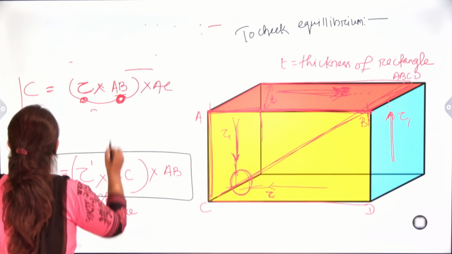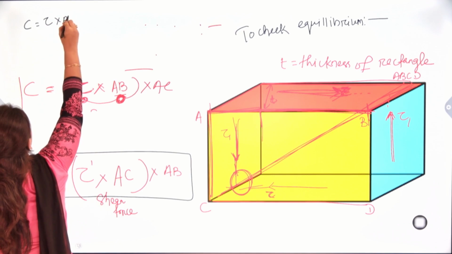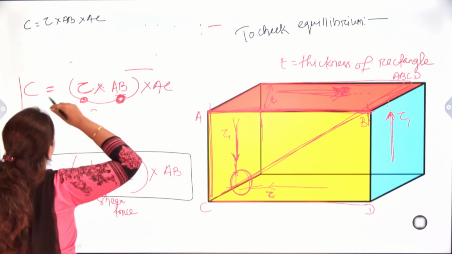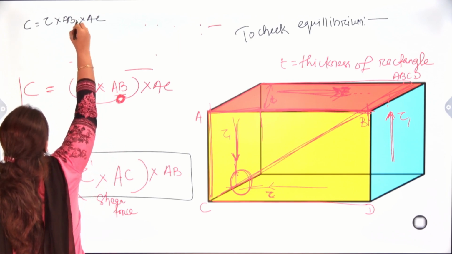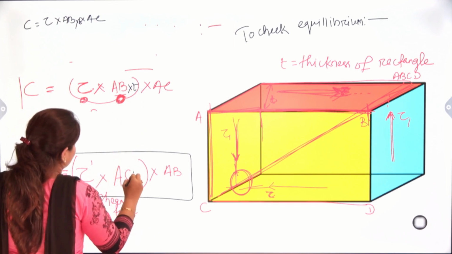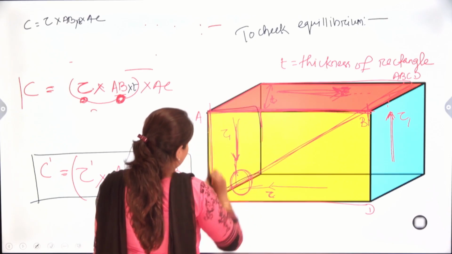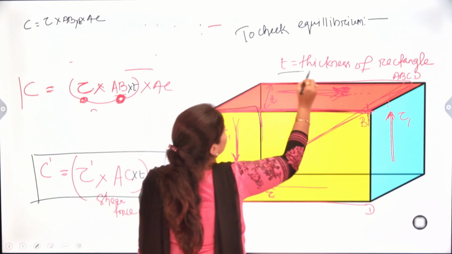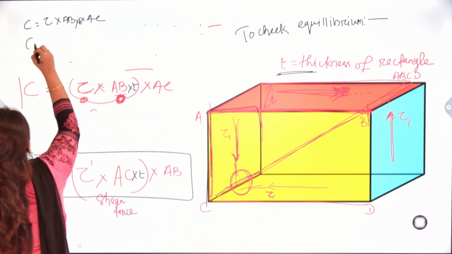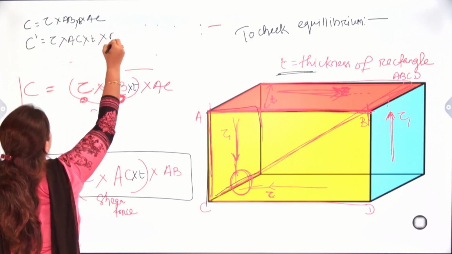Right. So we have C as tau into AB into AC, where AB into thickness is the area we are taking. C dash is tau dash into AC into T into AB.